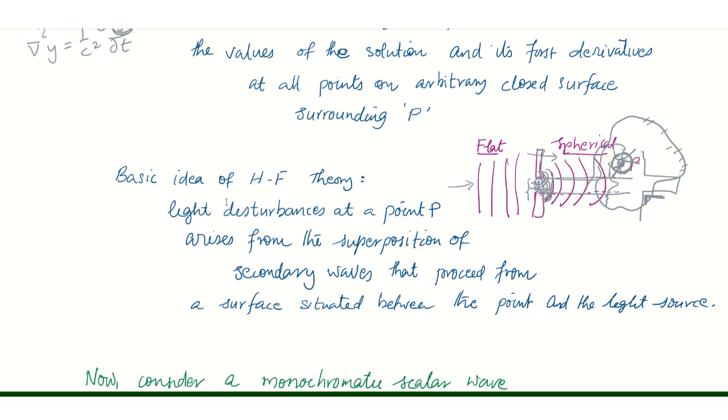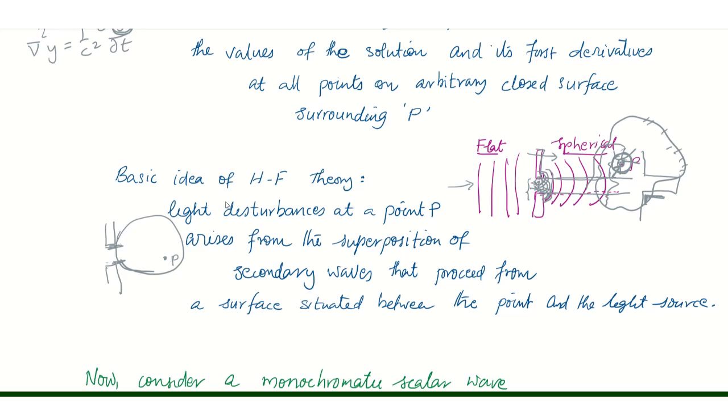Now the situation was like this. You have a slit or your source, and you make the slit part of a surface surrounding the point P. This is your point P, and we'll have to find out.